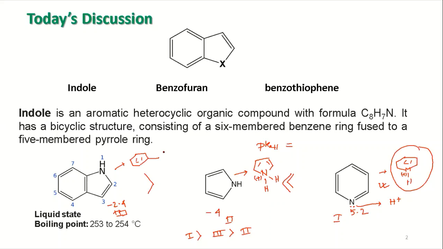But in these two cases, when it is protonated, the compound will be very, very unstable, because you now have a closed system having 4 pi electrons and a positive charge, kind of an anti-aromatic structure.